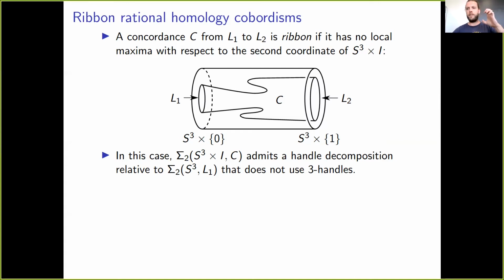So we can start out with the double branched cover of the first link, attach just 1 and 2 handles, and build the whole double branched cover of S3 cross an interval branched along the ribbon concordance. Typically, four-dimensional cobordisms involve 1, 2, and 3 handles, but here the fact that the concordance is ribbon is reflected in the fact that 3 handles are not needed.